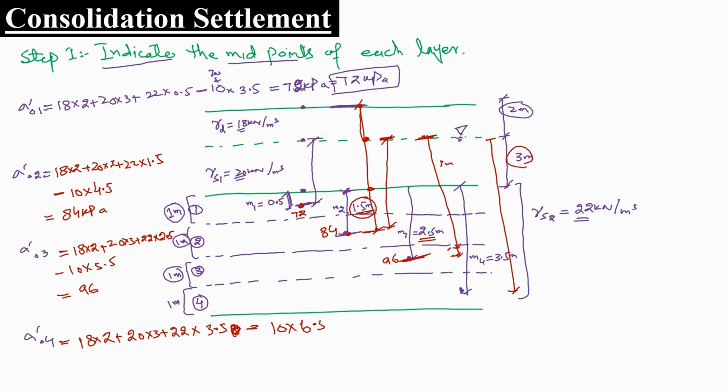This is 6.5. This will be 108 kilopascals. Just calculate with the help of calculator. When you have found this stress value, this is the most difficult task in consolidation questions. Now your question is very easy and you can solve it in seconds, or you can say in minutes.